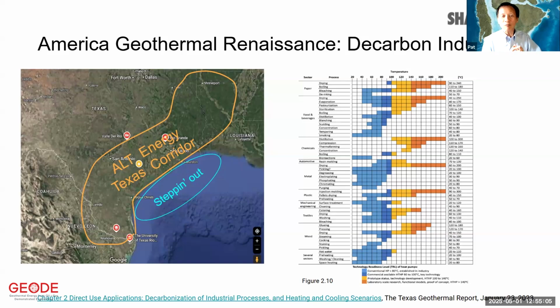We are thinking, well, geothermal renaissance, we've been talking about it for quite a bit of time, but the opportunity really is to relate that to deep decarbonization of industries across the board. So for example, this refers to chapter 2 of the Texas Geothermal Report that came out in early 2023.